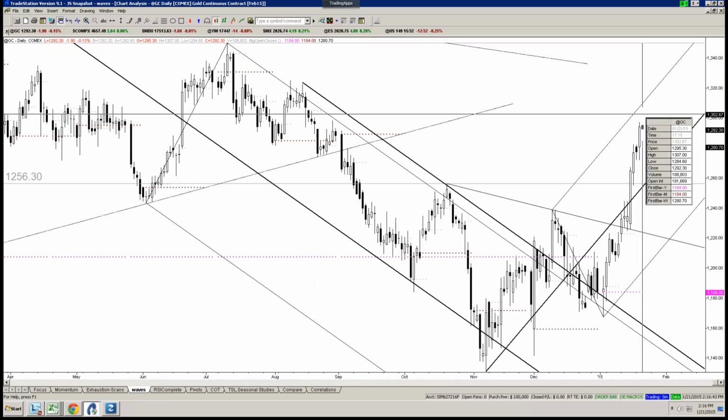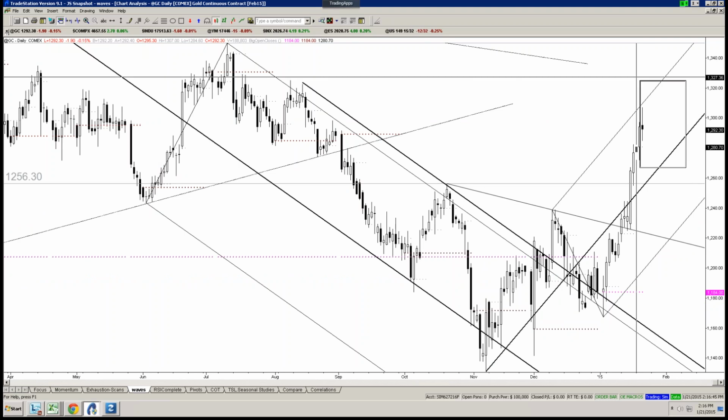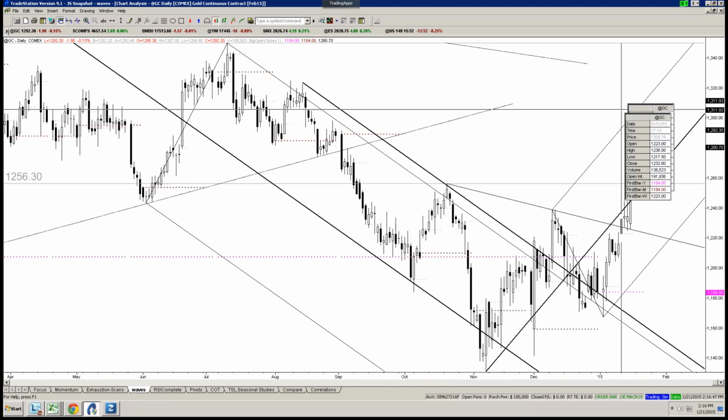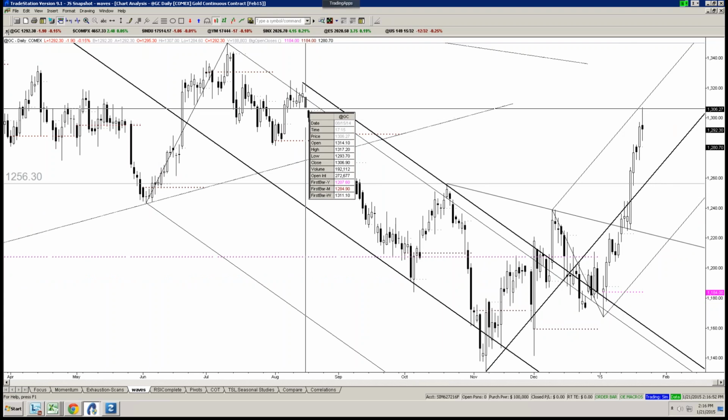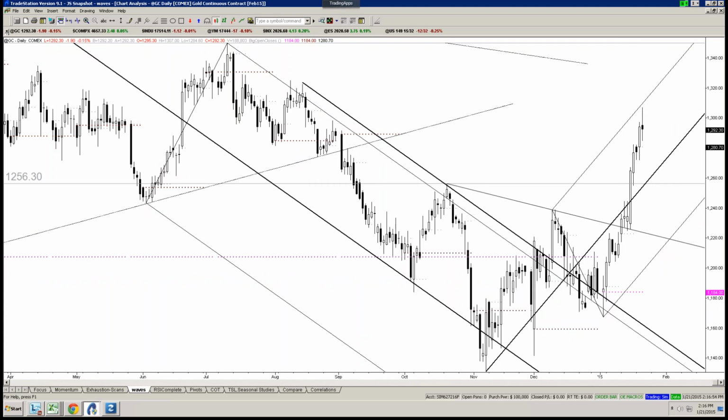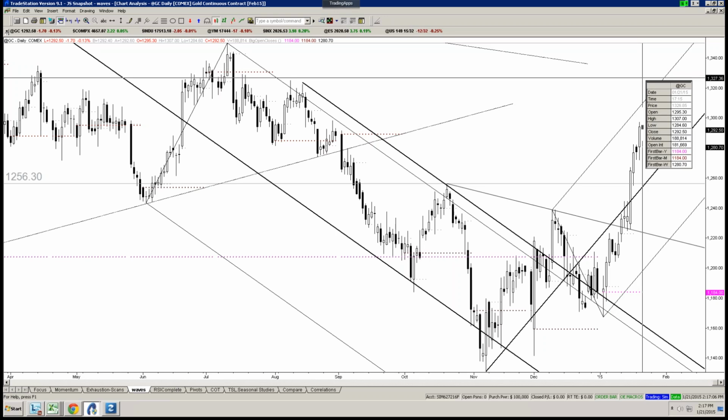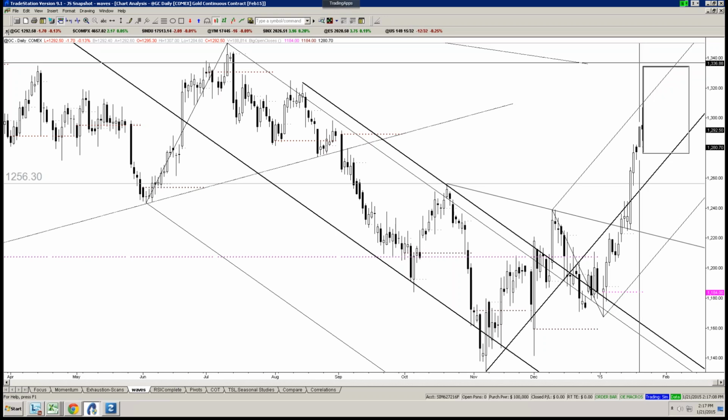High today is 1307, and we're putting in a reversal bar, trading at the highest level since August 15th, basically at 5-month highs.